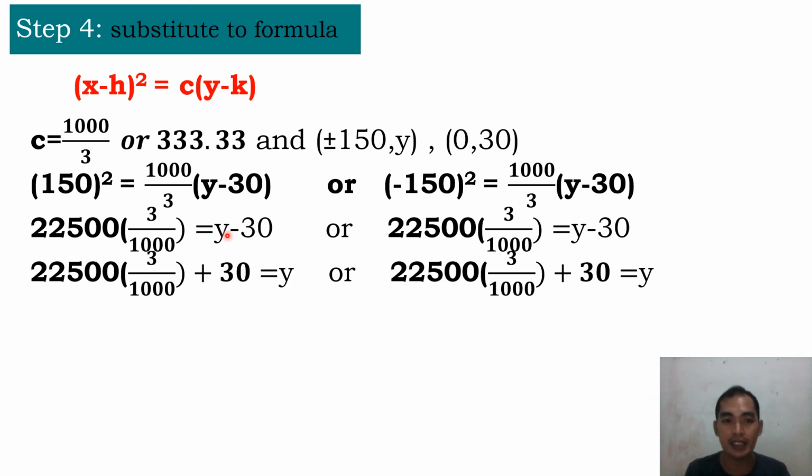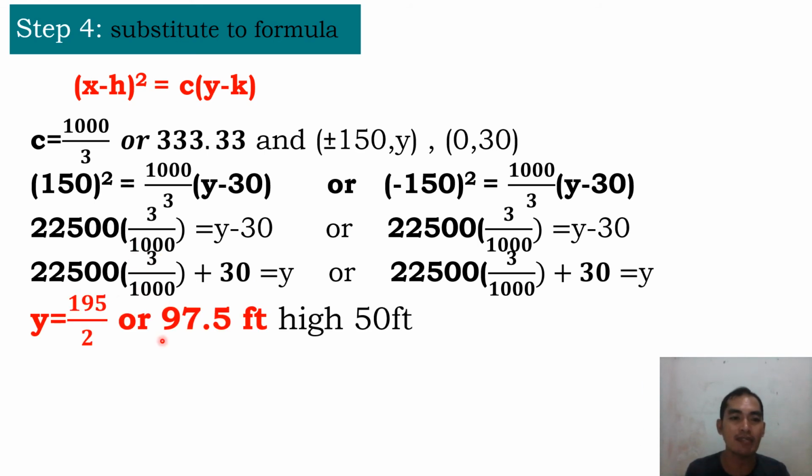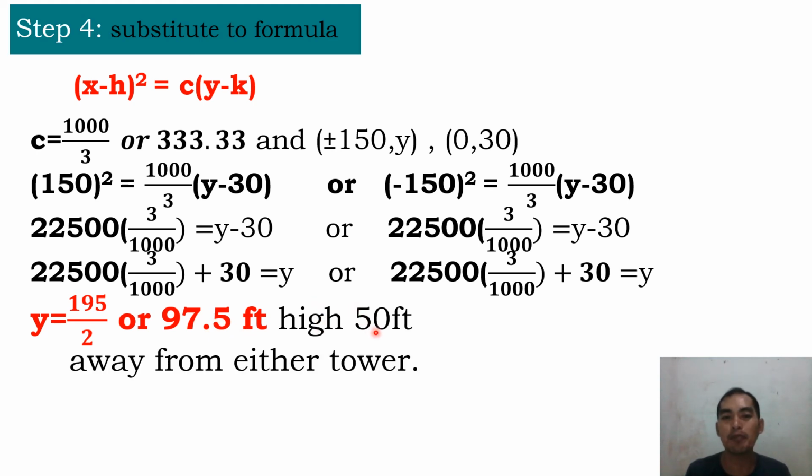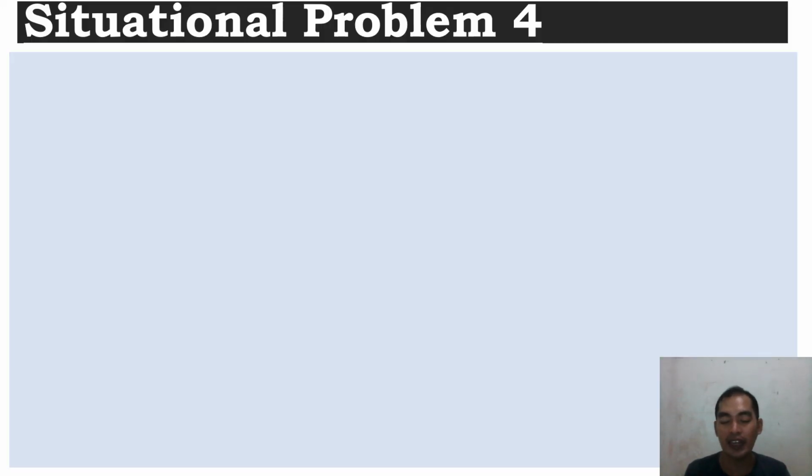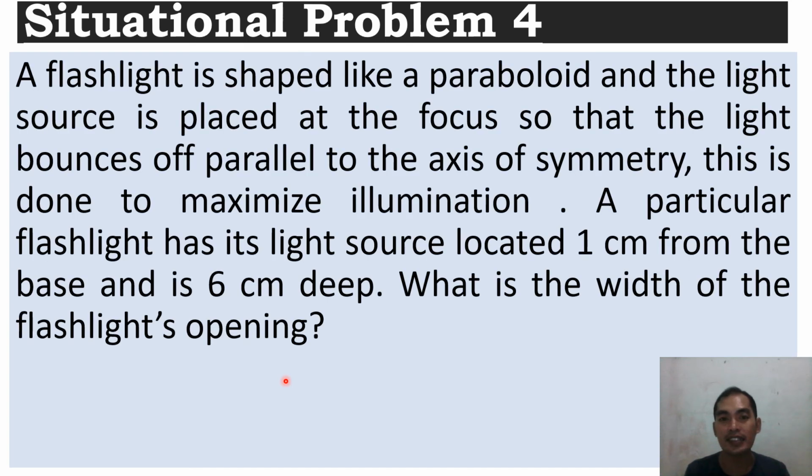Transpose negative 30 to the other side and then simplify. 22,500 times 3 over 1,000 plus 30 is 195 over 2 or 97.5 feet high at 50 feet away from either side of the tower. And that is the answer.